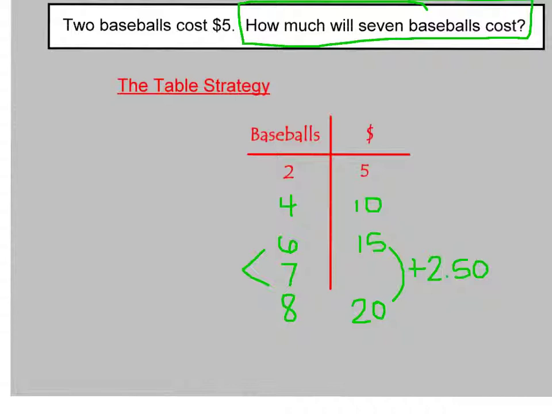So then I just add on $2.50 to 15 and we get $17.50. So from our table strategy, we can find numbers in between. And in this case, we found out that again, 7 baseballs cost $17.50. A different approach, still getting the same answer.